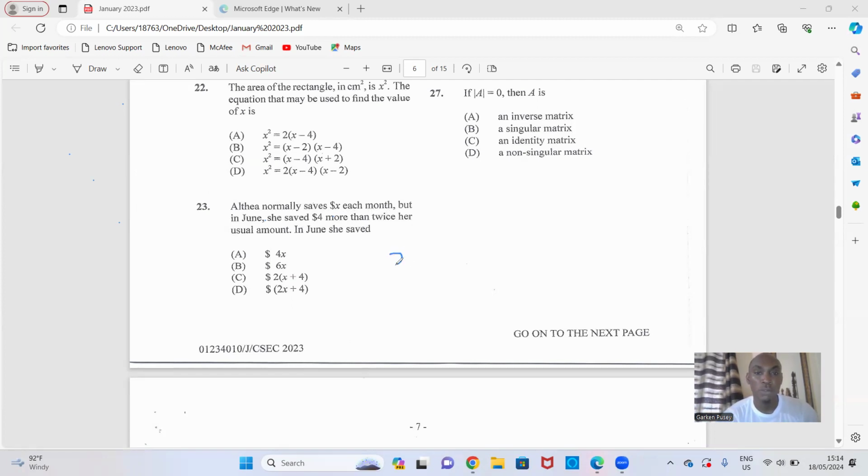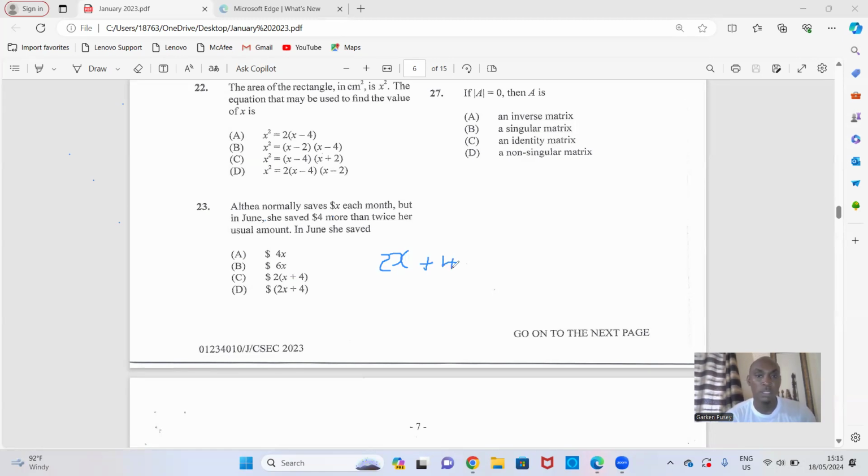So her usual amount was X, and twice her usual amount is actually 2X. If it had said 3 times her usual amount, it would be 3X. But let's look at it. It says $4 more. So $4 more than twice. So it's plus the $4. When you say more, you're adding $4.